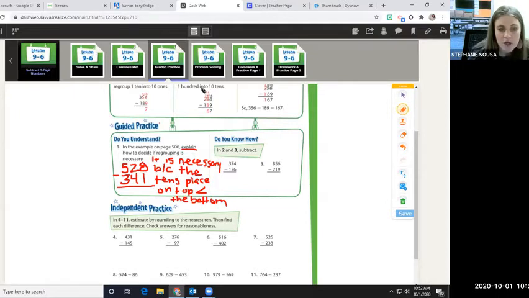So I'll give you a minute to catch up on that. We are working on explaining how to decide if regrouping is necessary.